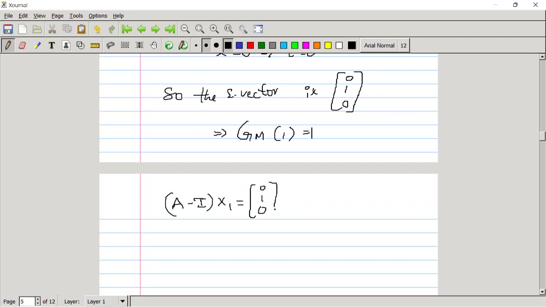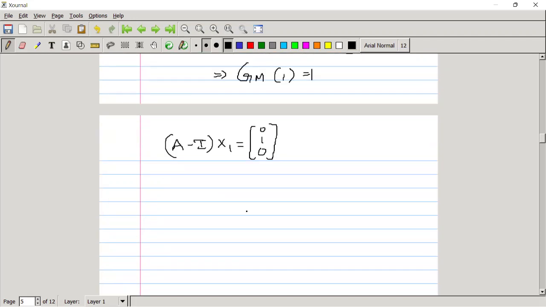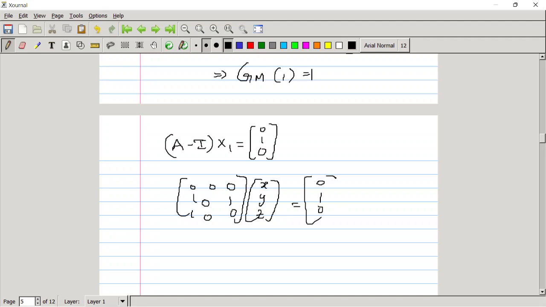By solving this equation we get another eigenvector. That implies the matrix 0 0 0, 1 0 0, 1 0 0 times x y z equals 0 1 0.